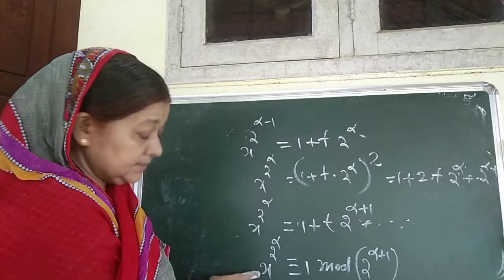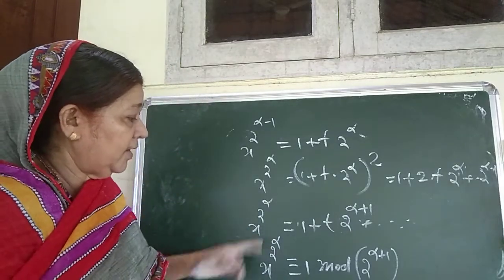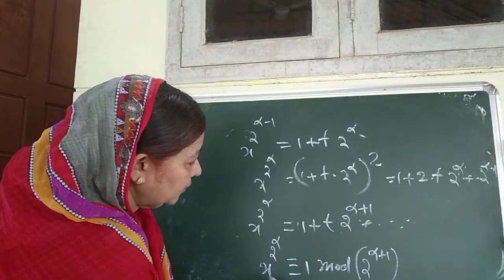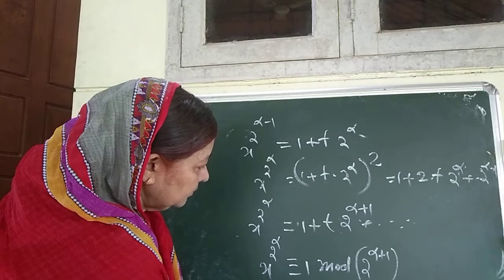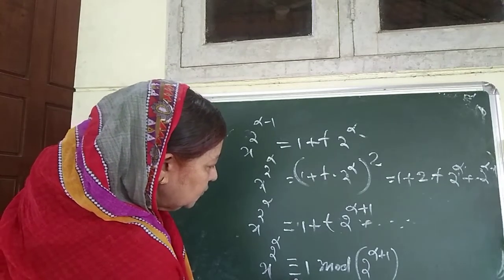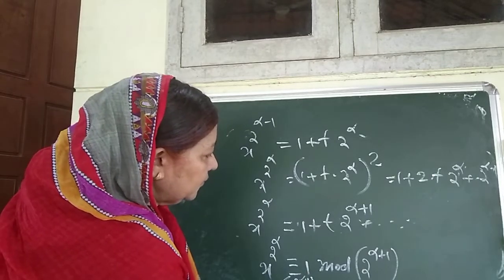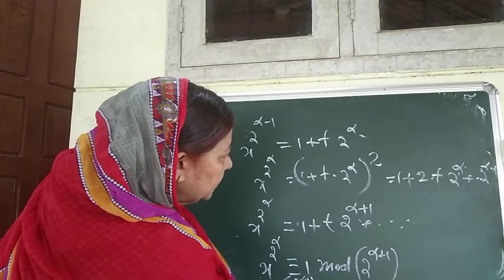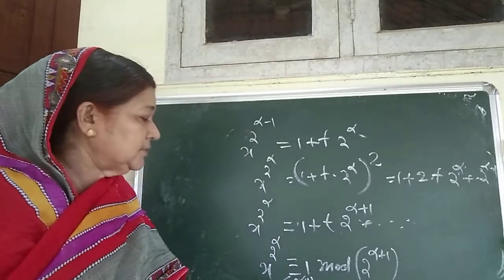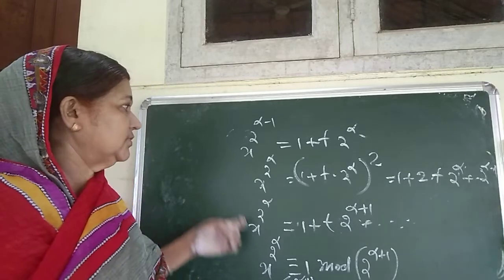But what is x raised to 2 raised to alpha? That is x raised to phi of 2 raised to alpha plus 1 by 2 is congruent to 1 mod 2 raised to alpha plus 1. So, if the theorem is true for alpha, it is also true for alpha plus 1.